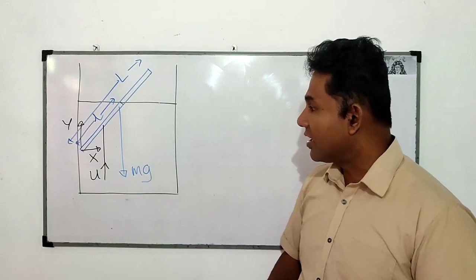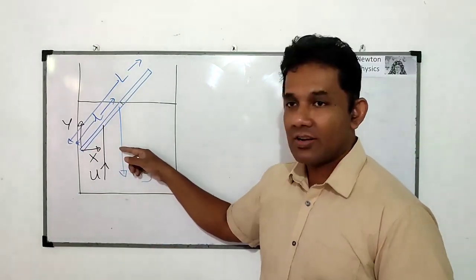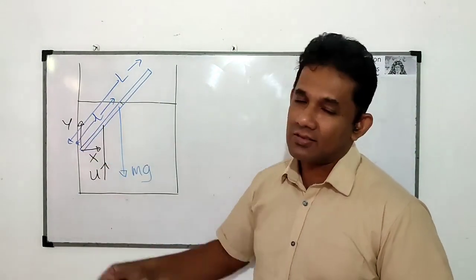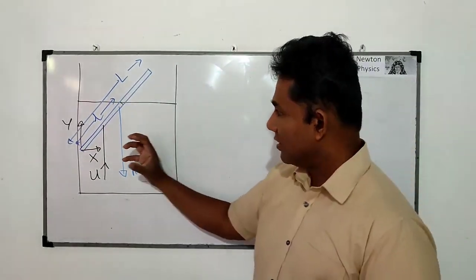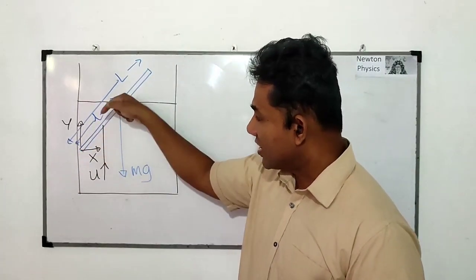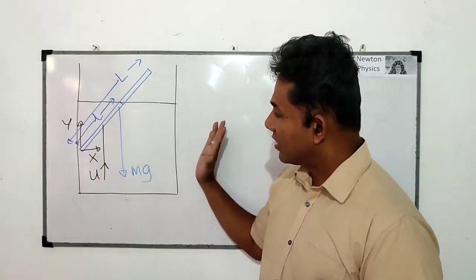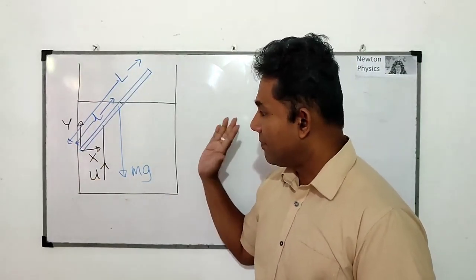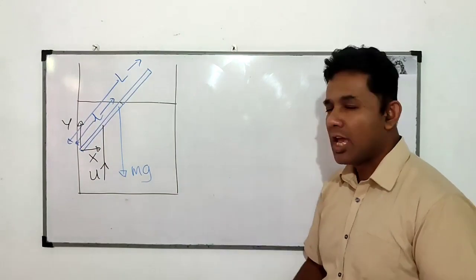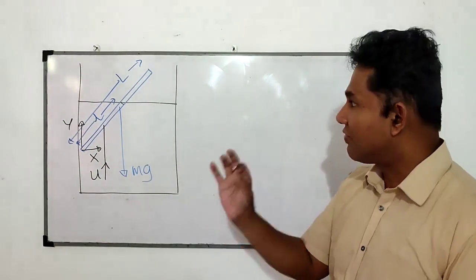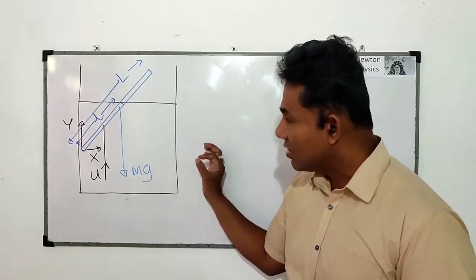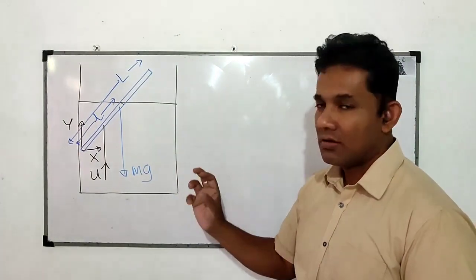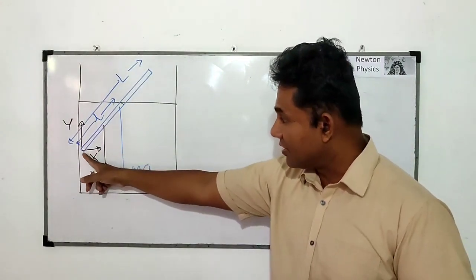Actually x and y are the normal reaction and the frictional force respectively. If you like to apply the vertical force in the downward direction, you can apply it. That is not a problem, because here I am solving this to find the relative density of the substance of this rod by using moments around this point.